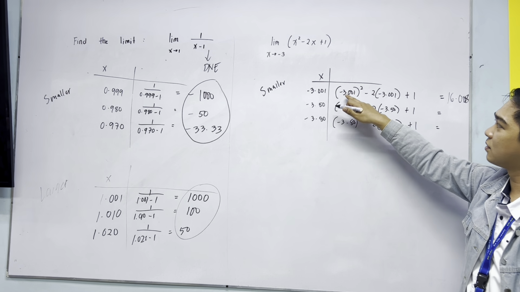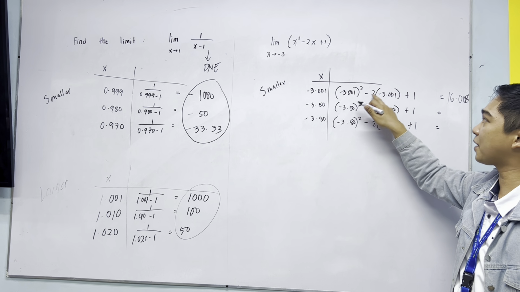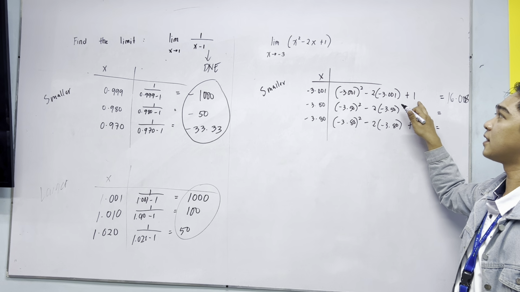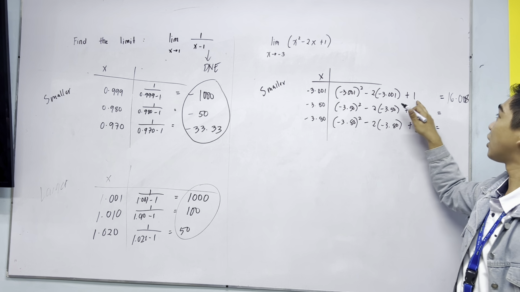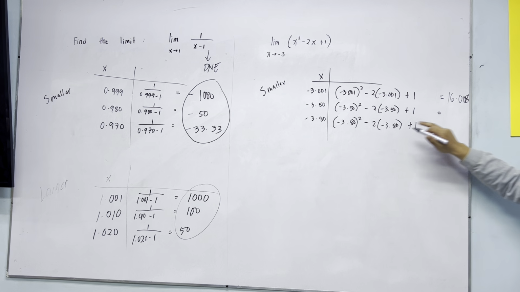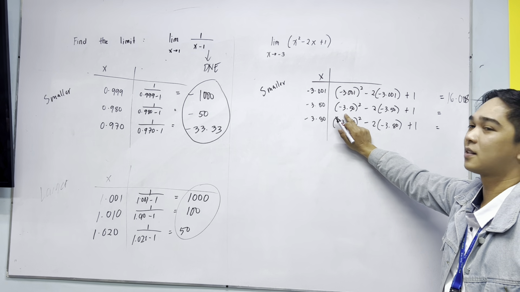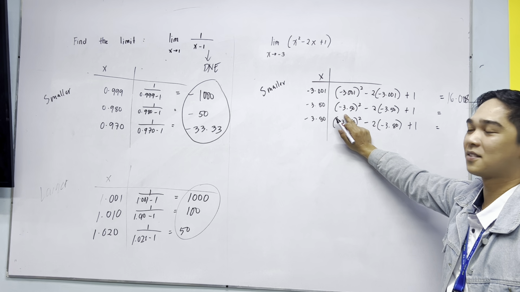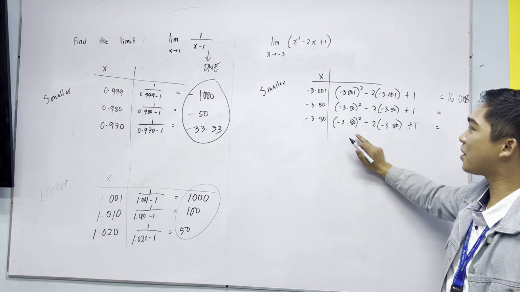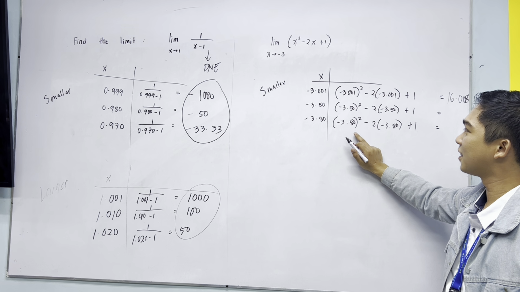So, ito positive, negative times negative ay positive, plus 1. Yan nga yun, sir. So, ito 16.008. Malaki siya, 20.25. Kaya lalaki siya, sir. Malaki na din po yung number 3, sir. 23.04.